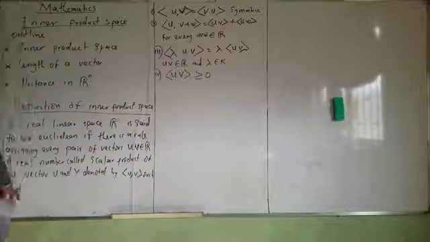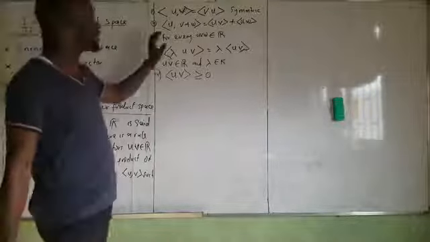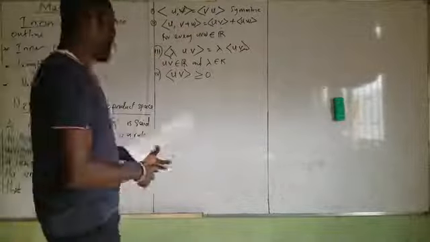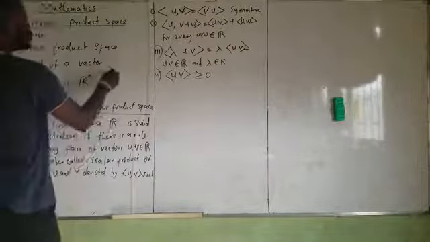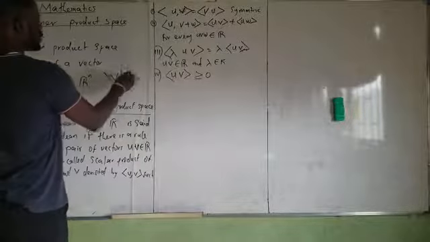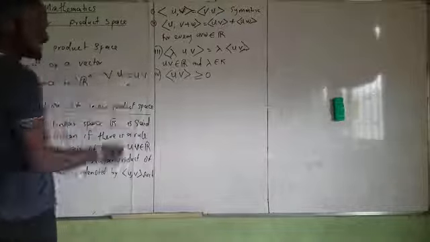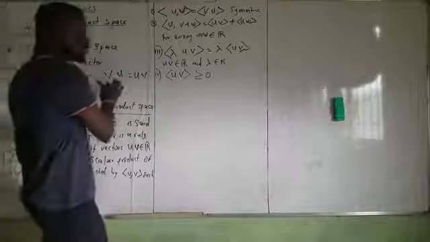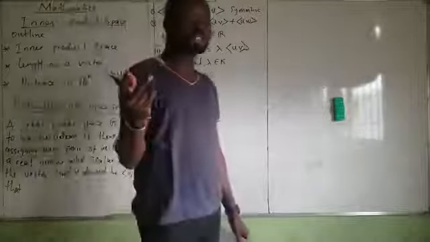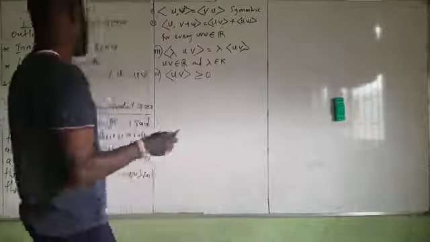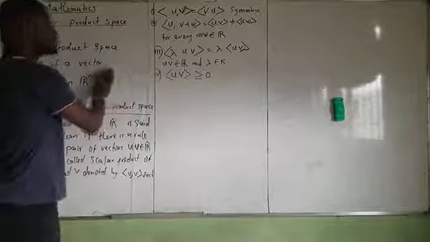Such that, number one, it must be symmetric. Symmetric means when I have (u, v), it is also the same thing as (v, u). Note this: this always holds when you talk about addition and subtraction. Take note of this very well.